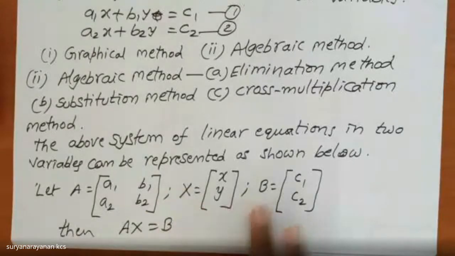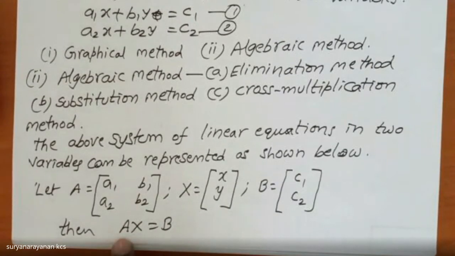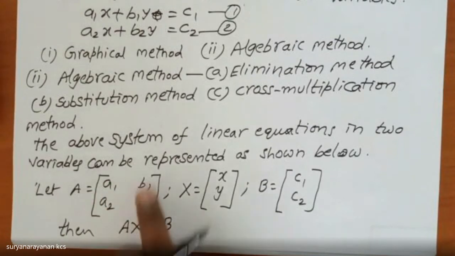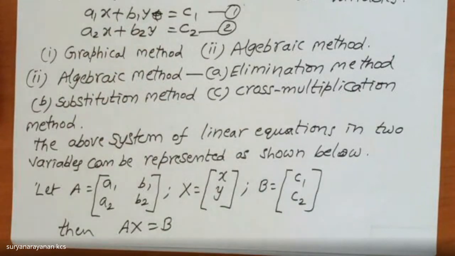Okay, sir. So, then how to solve this one? How to solve using matrix method? Here, X is the unknown matrix. This is called A. Matrix A is called the coefficient matrix because a1, b1, a2, b2 are coefficients of x and y. That is why matrix A is called the coefficient matrix.